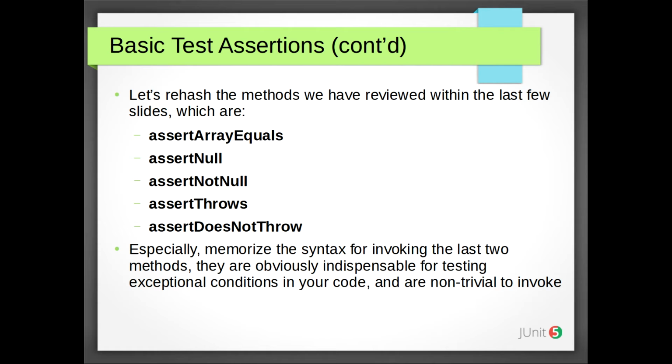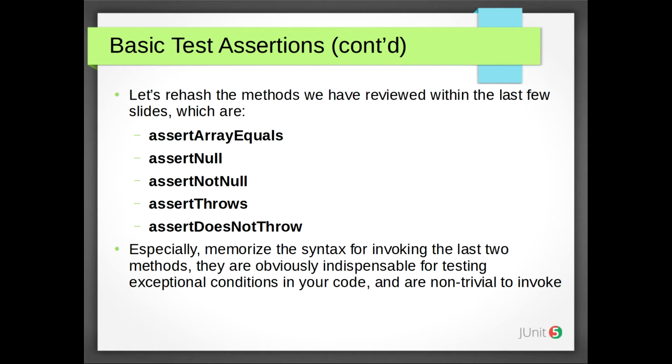Let's rehash the methods we have reviewed within the last few slides, which are assertArrayEquals, assertNull, assertNotNull, assertThrows, assertDoesNotThrow. This last method, assertDoesNotThrow, is one of the few methods of the Assertions class where some overloads actually return a value.